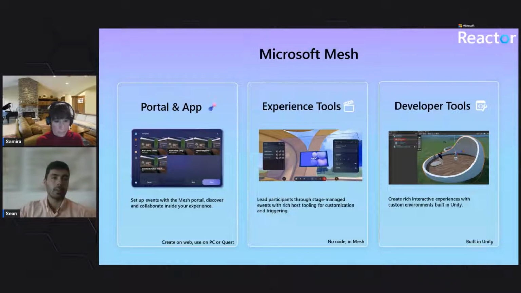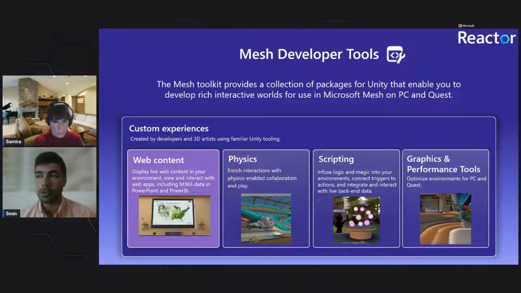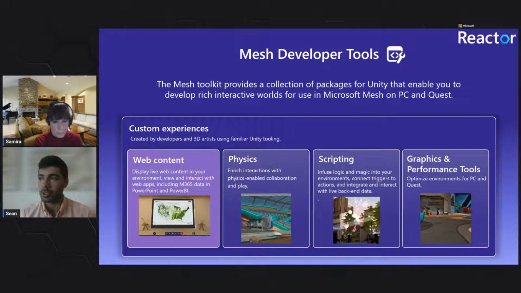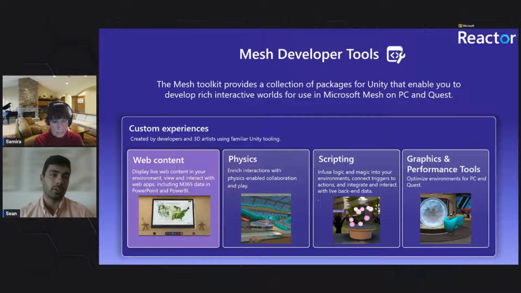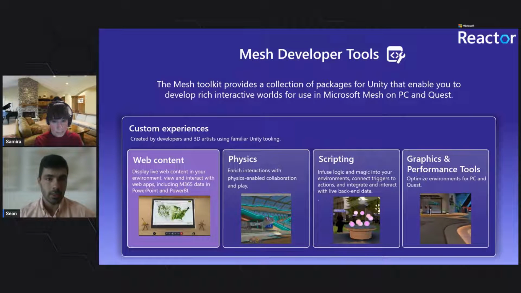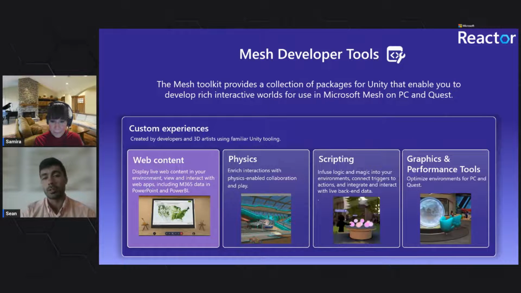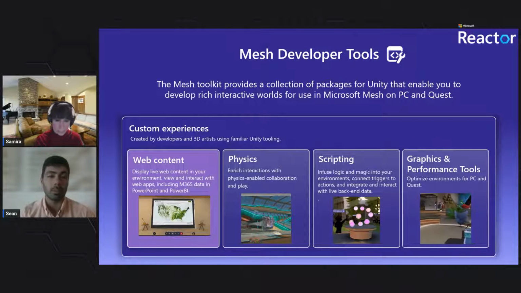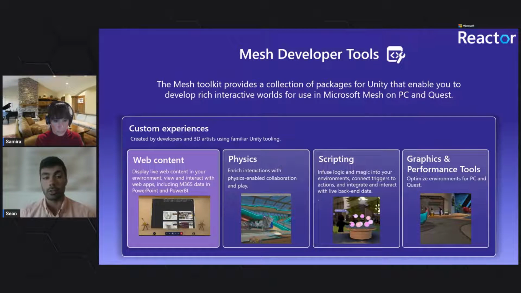So let's get a little bit deeper into the Mesh developer tools. The Mesh Toolkit provides a collection of packages for Unity that enables you to develop rich interactive worlds for use in Mesh on PC and Quest. Some of you may have or envision 3D content that you want to turn into an experience, and the Mesh Toolkit helps amplify that with this collection of packages that can be used in Unity.